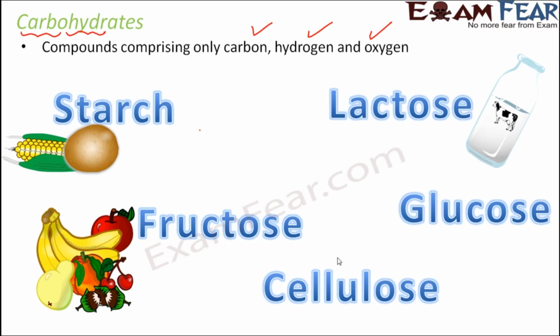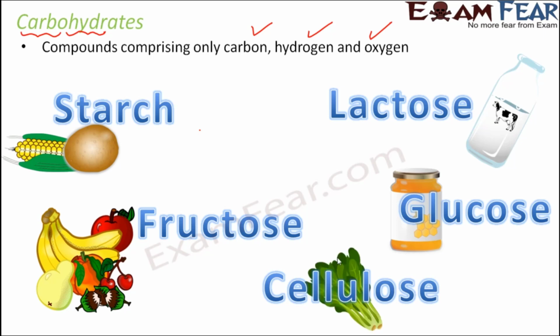So milk also is a source of carbohydrates. So milk not only provides calcium, it also provides carbohydrates. Glucose, you can find it in honey. Cellulose is found in plants, especially the green leafy vegetables which we obtain from plants. So these are all examples of different types of carbohydrates, and all of them are found in huge amounts in different types of food items.